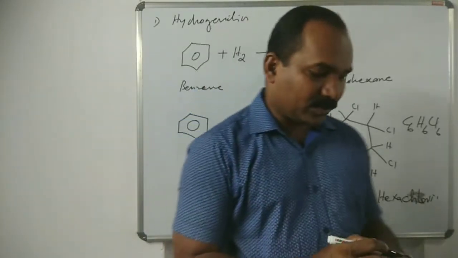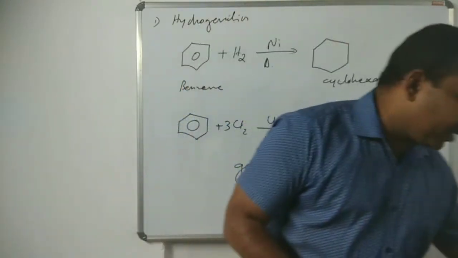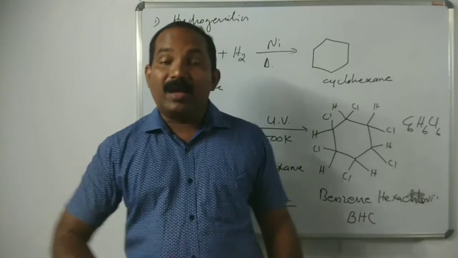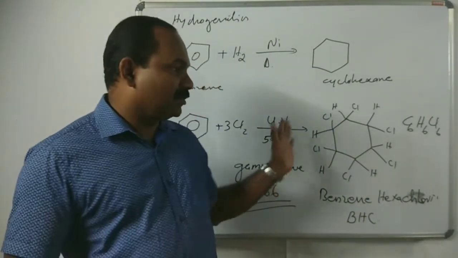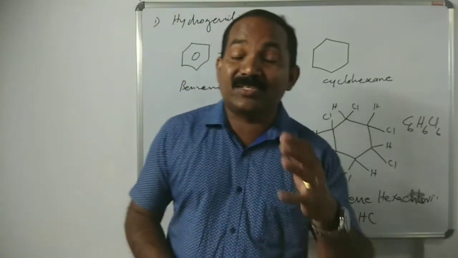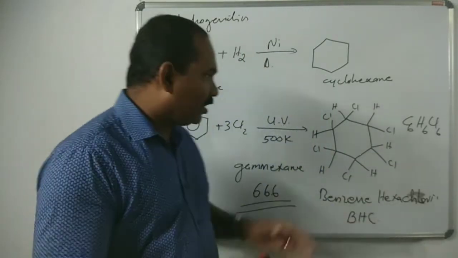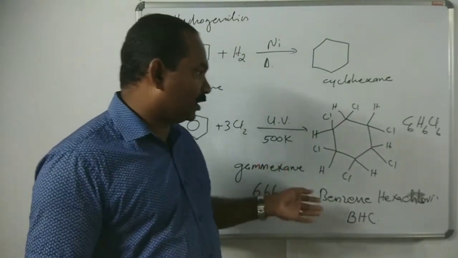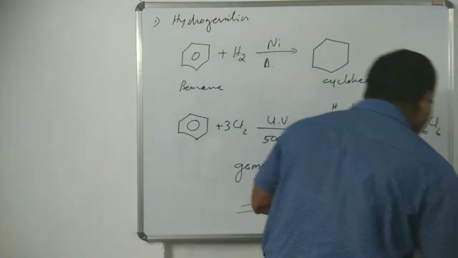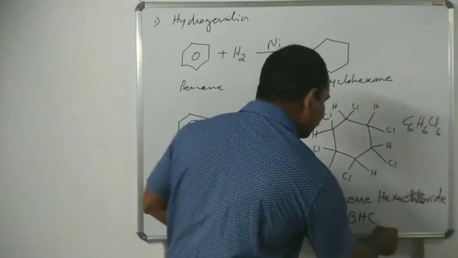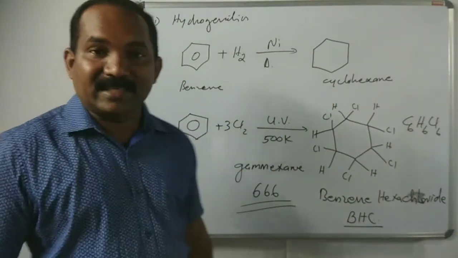The compound is also known as 666 compound and is a powerful insecticide. Okay, gammexane, that is BHC, is an insecticide. Okay, and it is also toxic. You remember that. So 3 names: benzene hexachloride, known as BHC, gammexane, or 666.